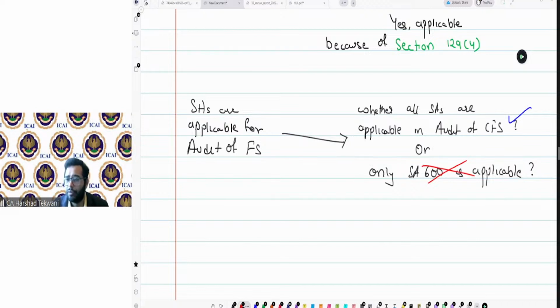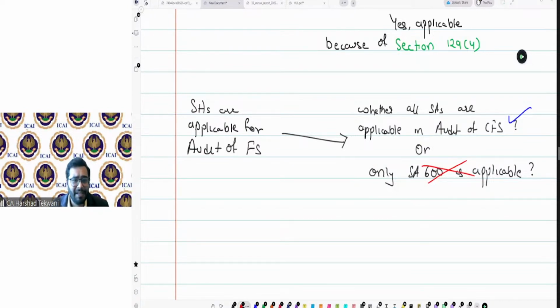Now there is one question. Why is 143 itself not sufficient for the duties related to the CFS? Why do we have to refer to 129.4? 130, 143, tell me where 143 is sufficient. Okay, I'll suggest reading 143.3 once. Section 143, subsection 3 only states that the auditor's report shall state the following.